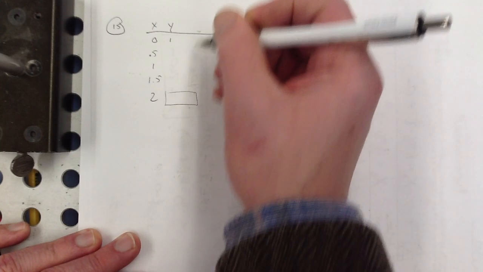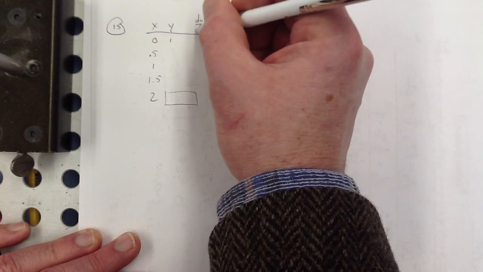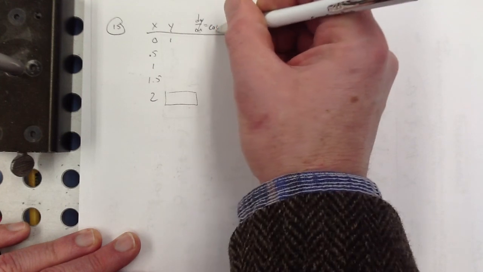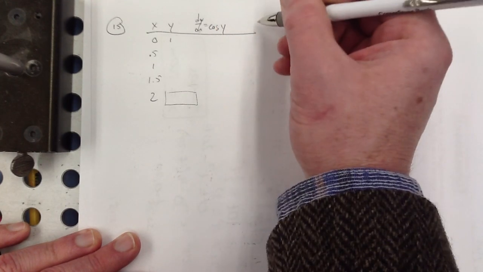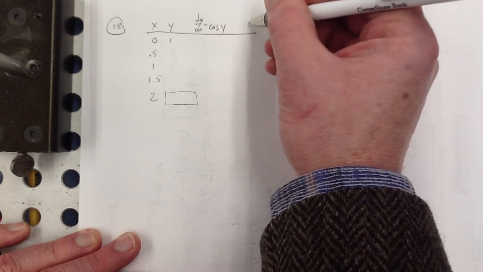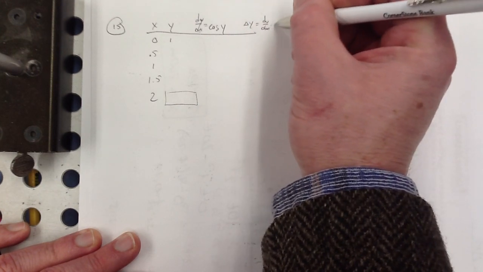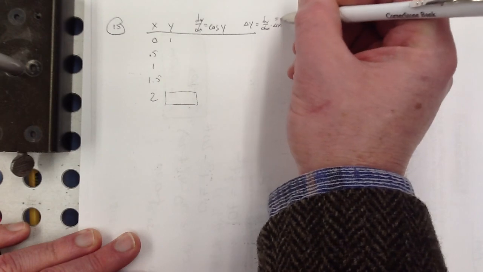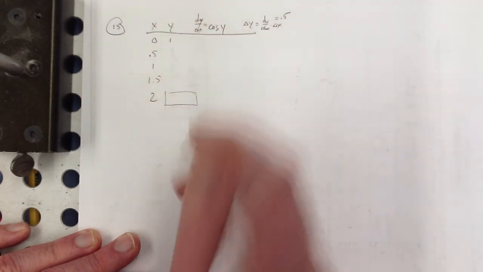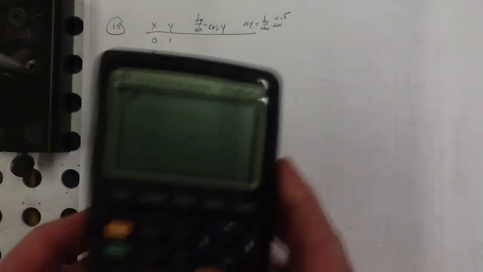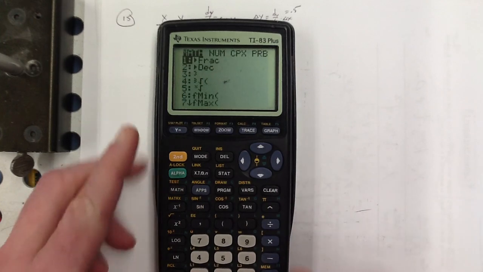That's my target there. Dy dx is the cosine of y, and then once I get that, my delta y is equal to dy dx times delta x, which is 0.5, right? That's my increments. Okay, so I better make sure that I'm in radian mode.